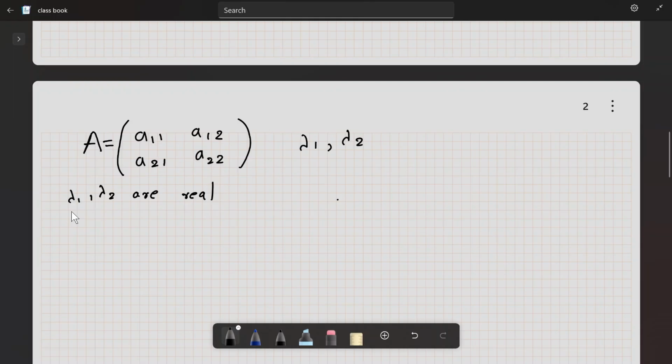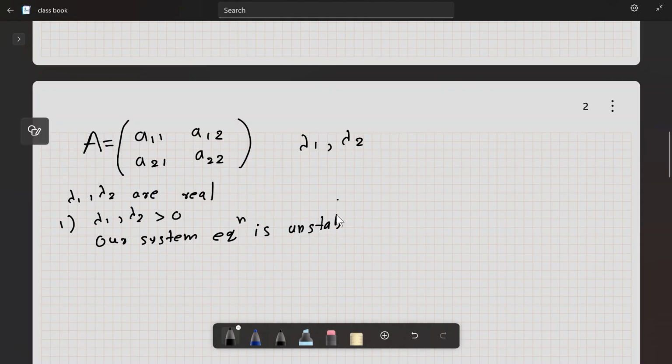The first case can be that both are positive. In this case, we say our equilibrium is an unstable node, or a source.